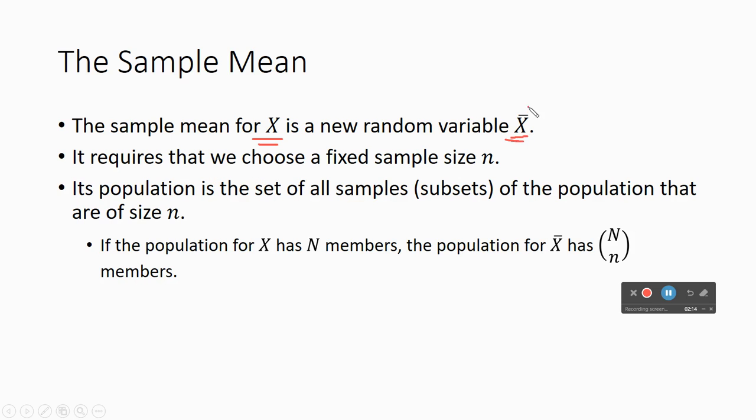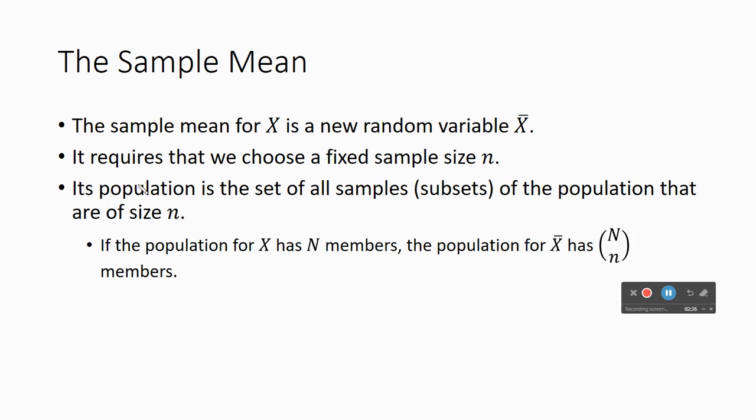This random variable x bar will depend on a fixed sample size of n. We'll want it to be as big as practical, but we'll talk more about what that size is later.